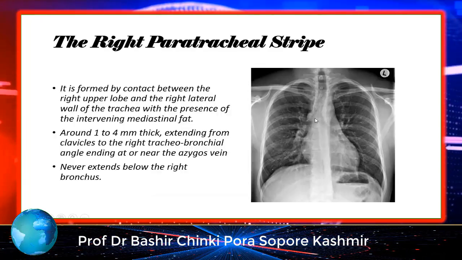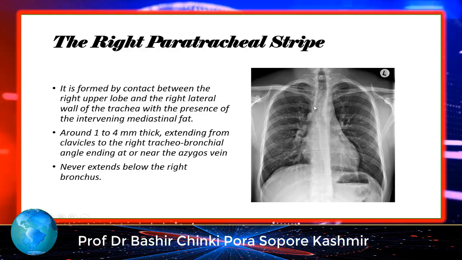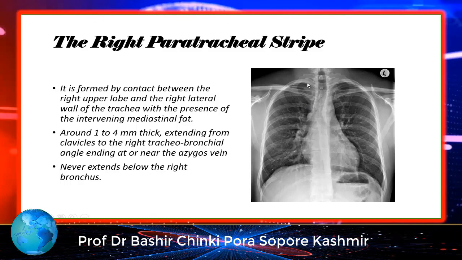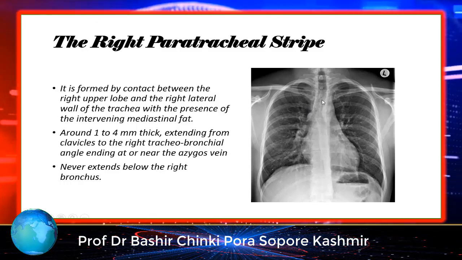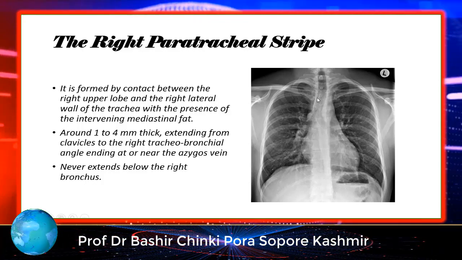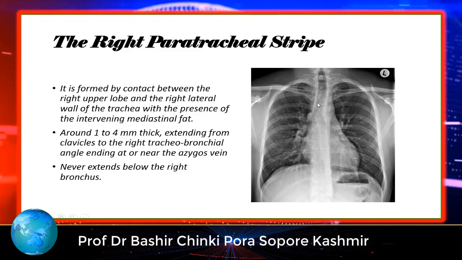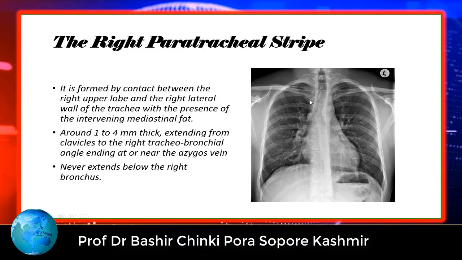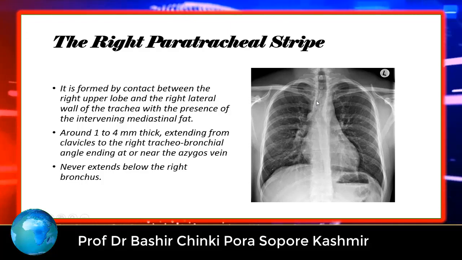The right para-tracheal line, which is this line, is formed between the right upper lobe and the right lateral wall of the trachea. Between the right lateral wall of the trachea and the right upper lobe, there is an intervening area which is filled with mediastinal fat.